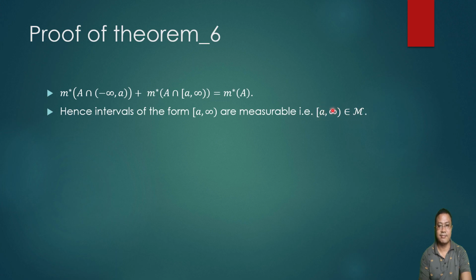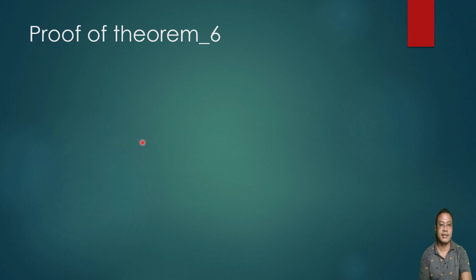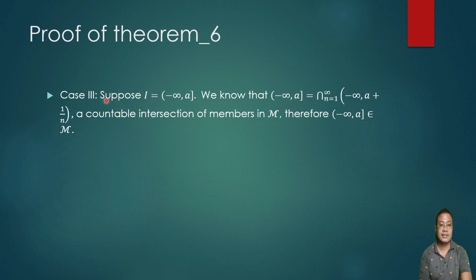Case number 2, I is equal to minus infinity to a. Since we have already shown that the previous form is in M, its complement, minus infinity to a, will also be in M. Therefore this set is measurable. Now suppose the interval is of the form minus infinity to a, closed at a.